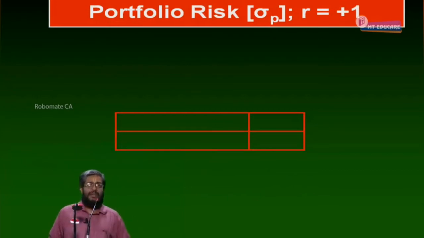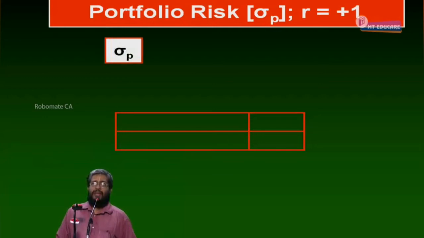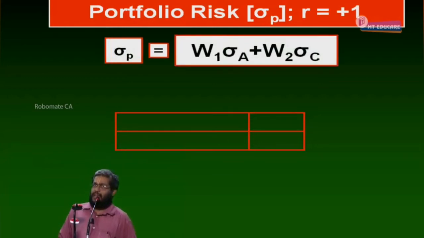Portfolio risk. Can I proceed? Sigma P is equal to W1 sigma A plus W2 sigma C. The standard deviation of the portfolio is equal to W1 standard deviation of A plus W2 standard deviation of C. Why such a simple formula? Because r is equal to +1.